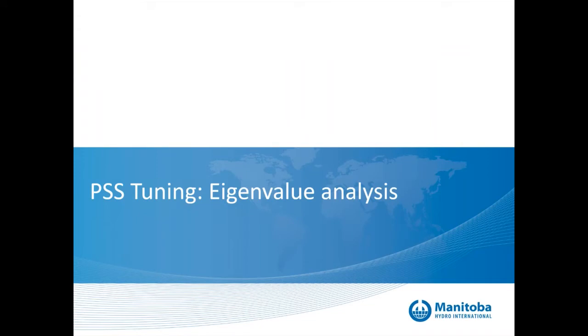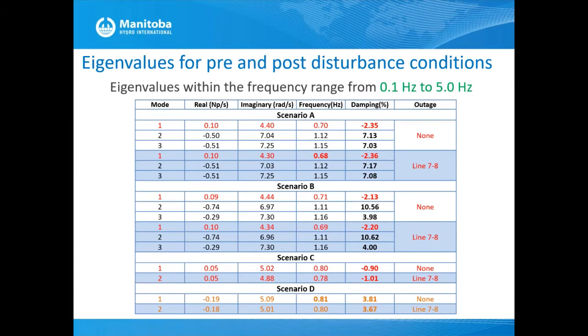Before tuning PSS, we have to do the eigenvalue analysis to identify the modes of oscillation and their frequencies and their damping levels. So in this slide, we are showing different modes and their damping levels. But before going there, I would like to emphasize one important point. In a practical power system, there will be a large number of states coming from generators, exciters, and all the dynamic devices.